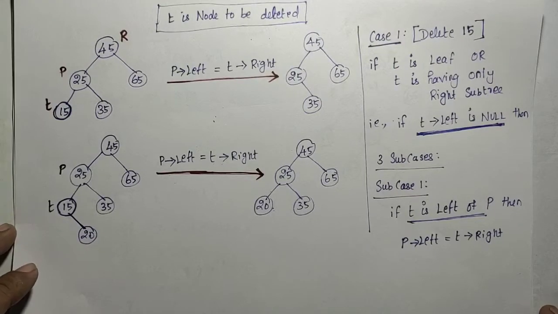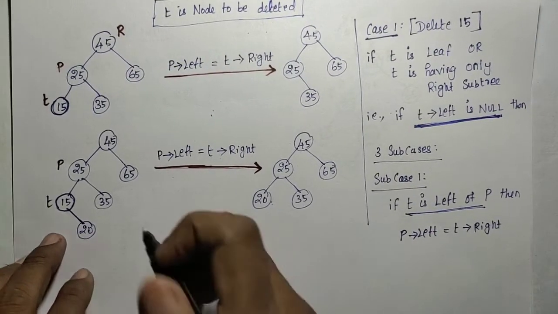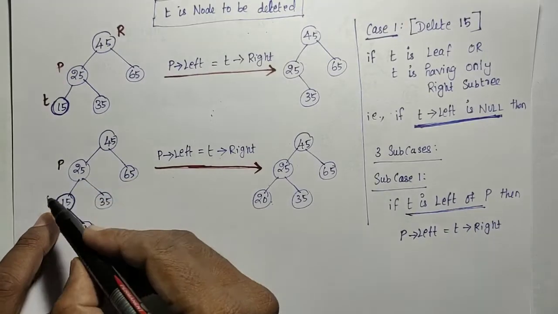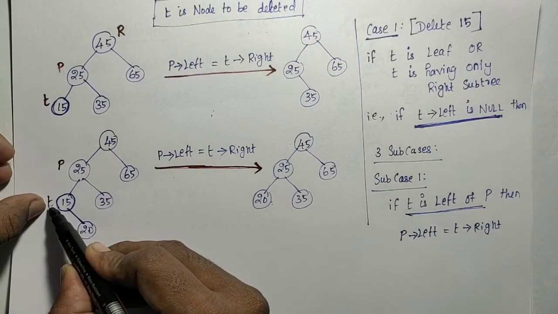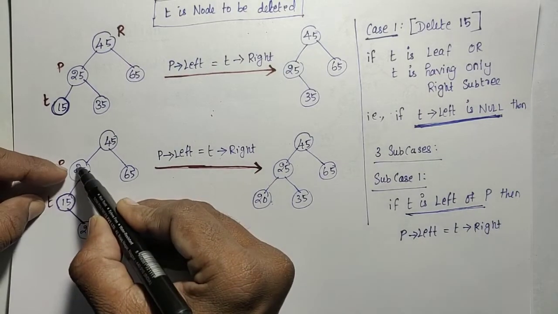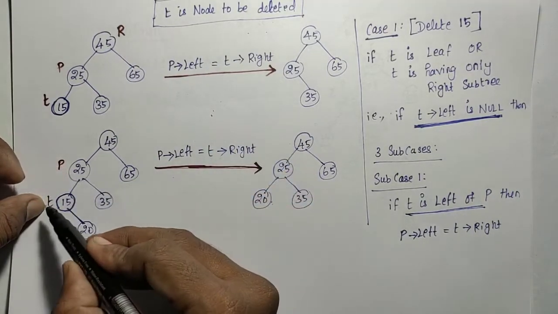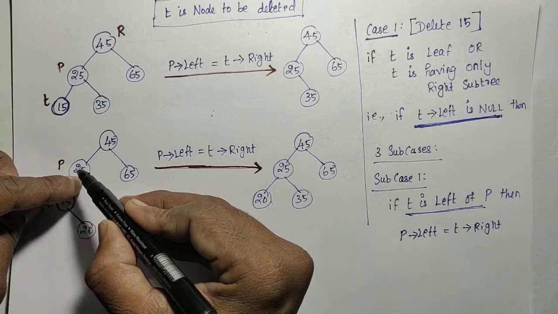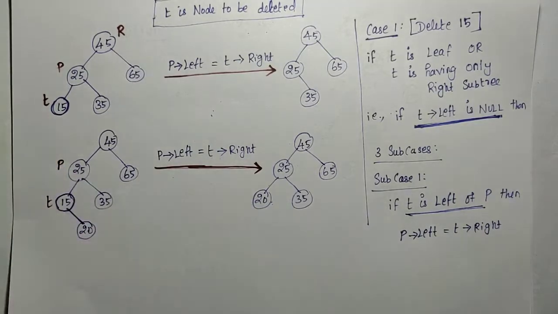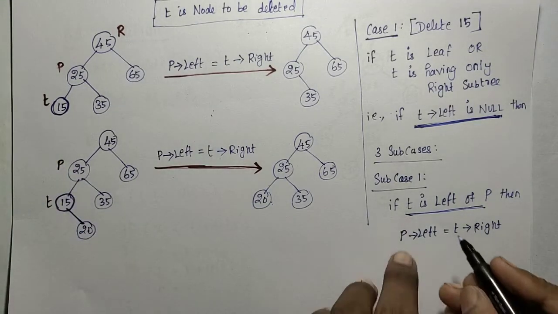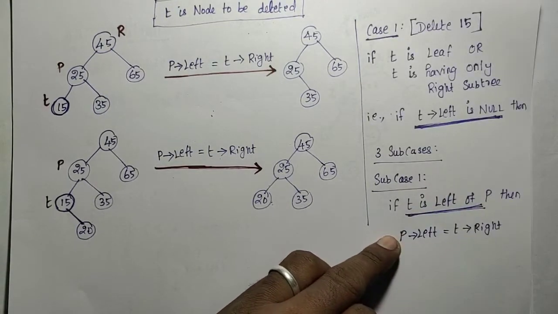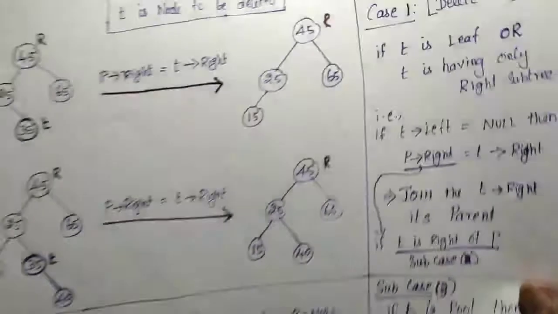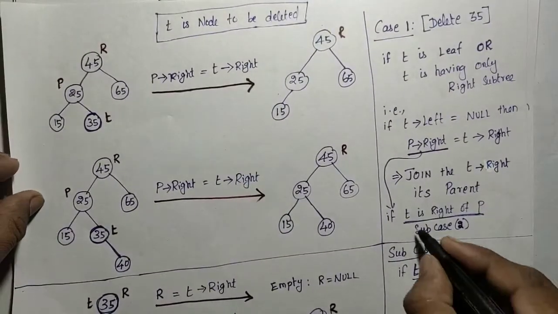We need to see the relation between the p and t. That is, whether t is a left of the p, or t is a right of the p, or t is a root. So there are 3 cases. One is t is a left of the p, the second case is t is a right of the p.